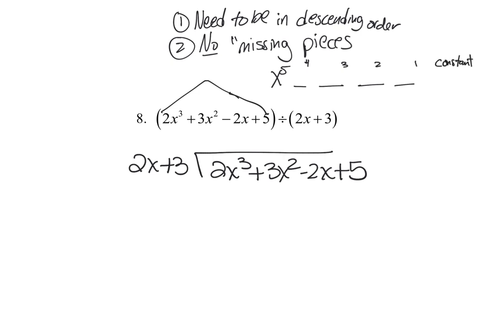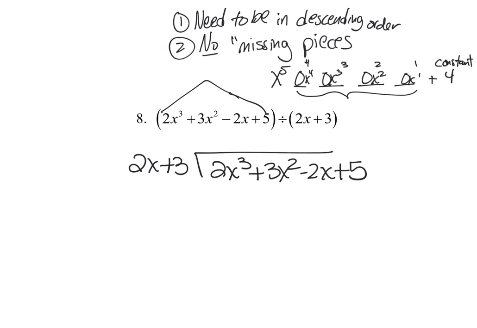So what I'm trying to get at is usually what would happen, they'll give you, say, x to the 5th, and they'll give you a constant in here of 4. Well, you can't just put x to the 5th plus 4 inside the house here. You're going to have a 0, and I like to even put my exponents on there just to hold the place. But you've got to put a 0 in there to hold the place of whatever is missing.